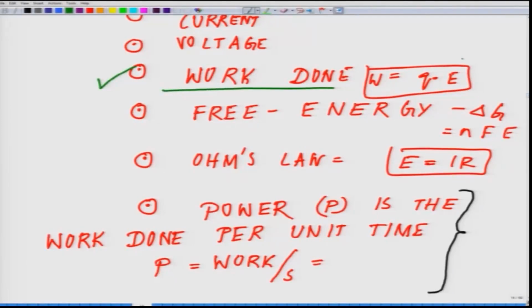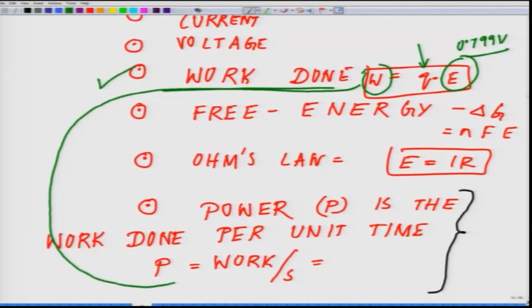So now if you know the E, which is in volts, say for example 0.799 volt, and if you know the charge on the electron and how many electrons are moving, then you can calculate the work done. See, all these basic formulae are coming back into place. Now if you know the work done, then you can calculate the power: work done per second.